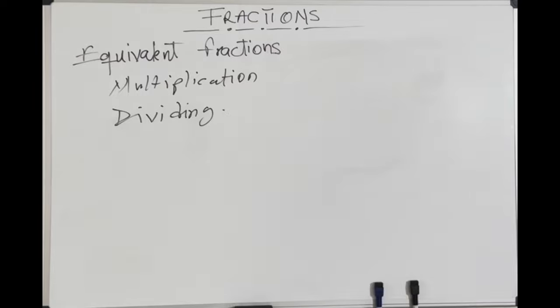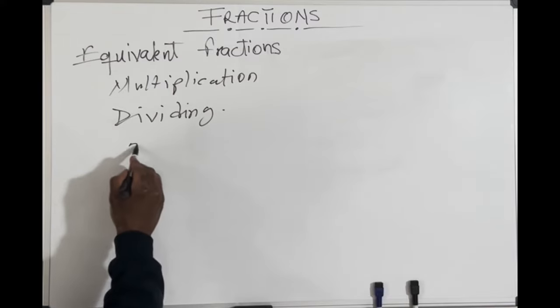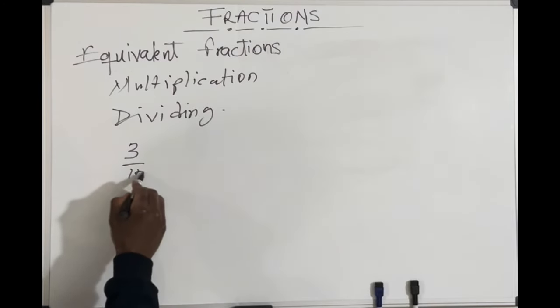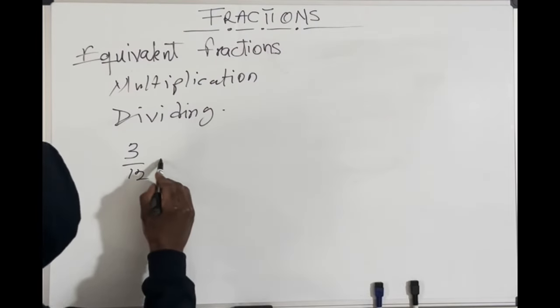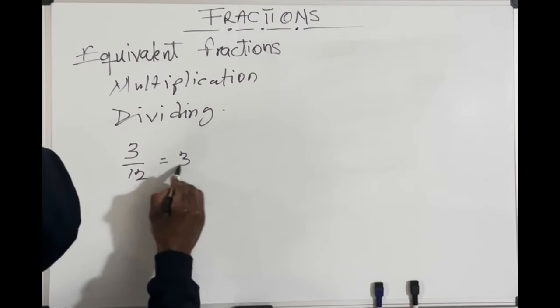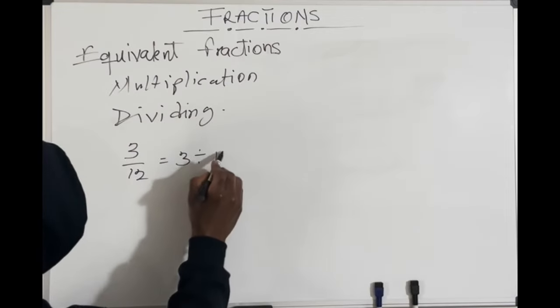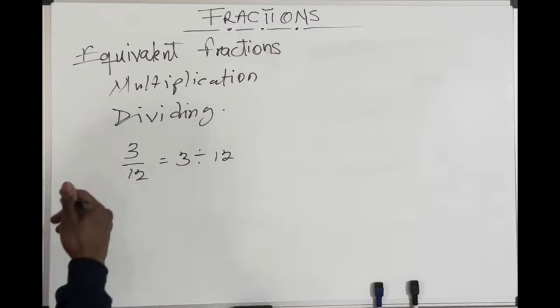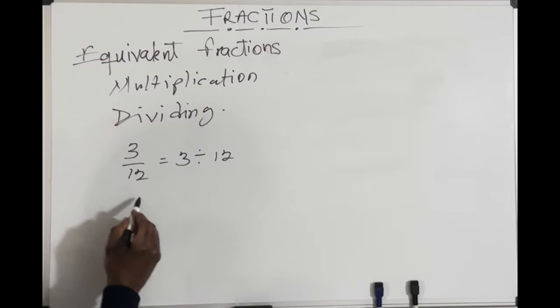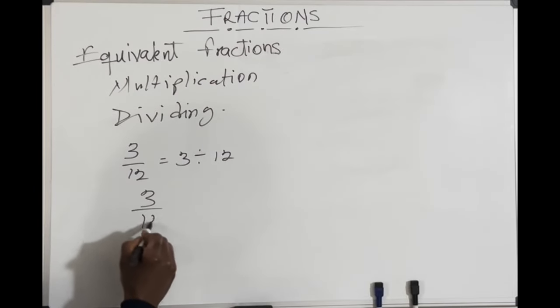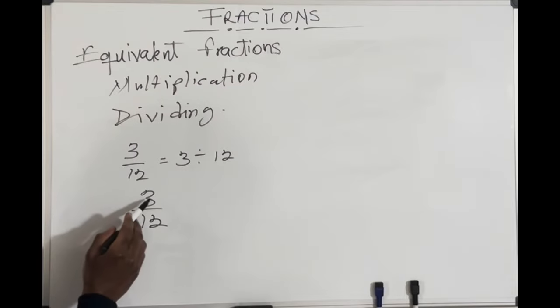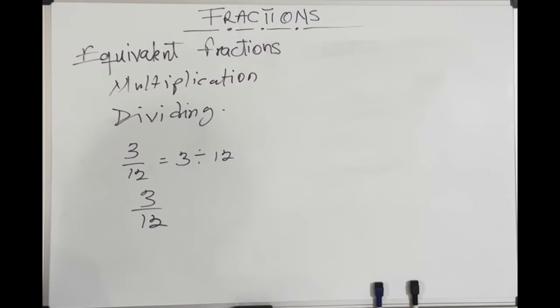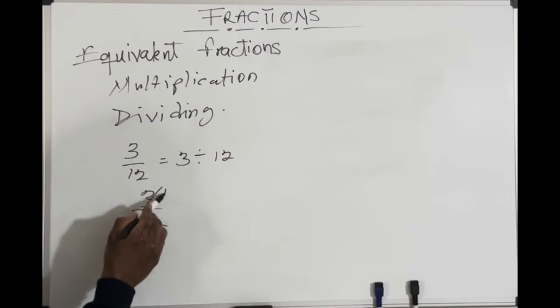So, for example, 3/12. Or we can write the same thing as 3 divided by 12. Okay? All right. So we want to cancel 3/12. 3 goes into 3 how many times? 1.